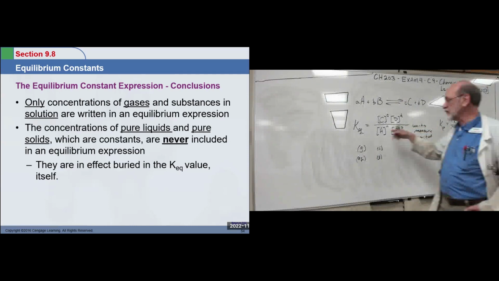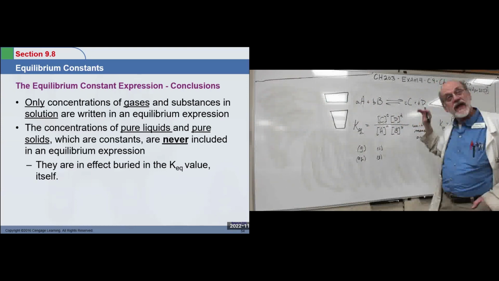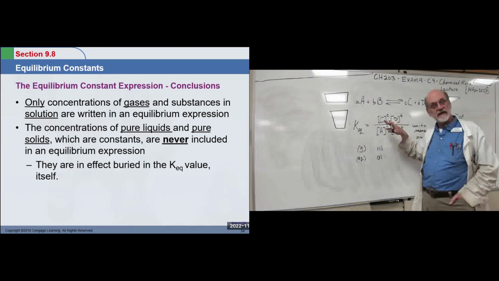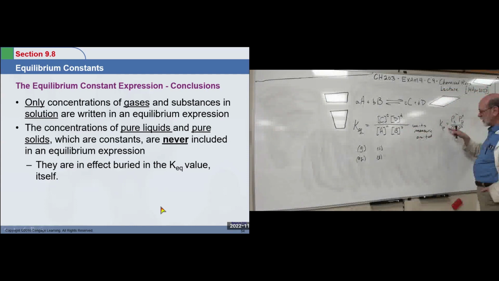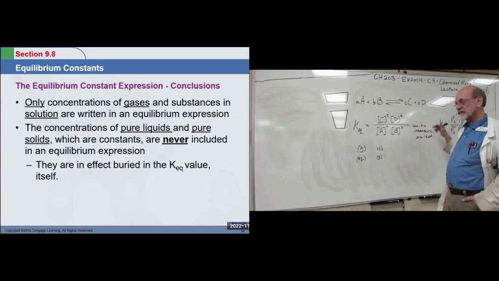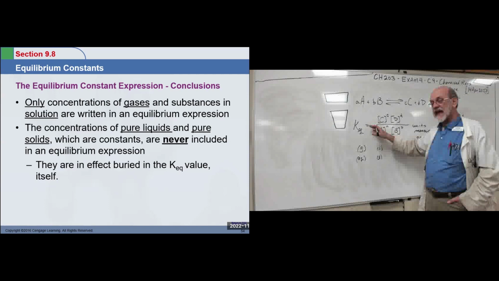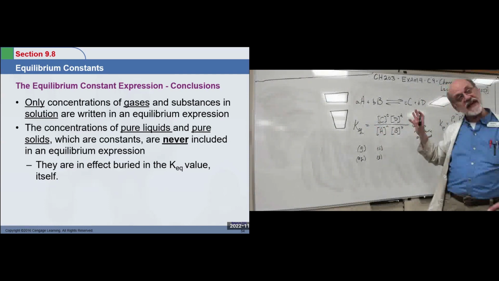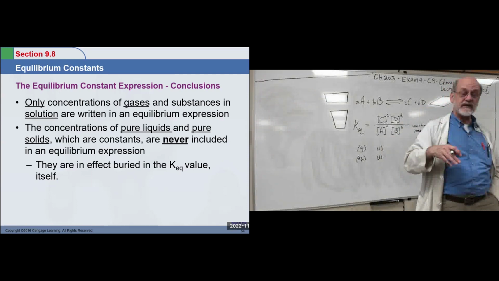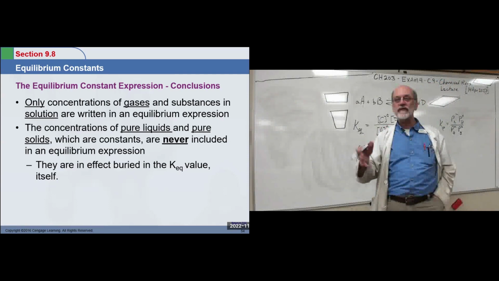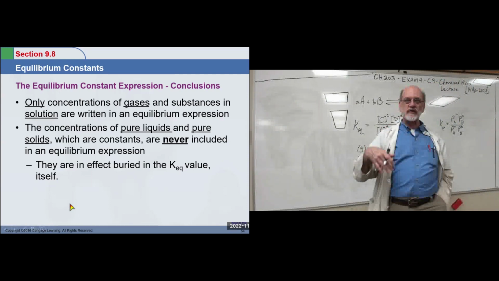And that will be a different value if these are gases, and you can express gases in molarity. That's possible. Or if they're all gases, you can express a Kp, and since they're in different units of measure, usually atmospheres, then the KEQ and the Kp are not the same value. So reference manuals will tell you whether the K is derived from molarity or partial pressures.